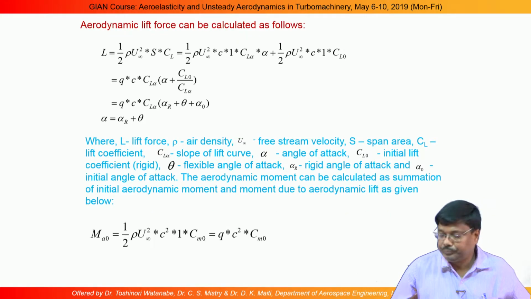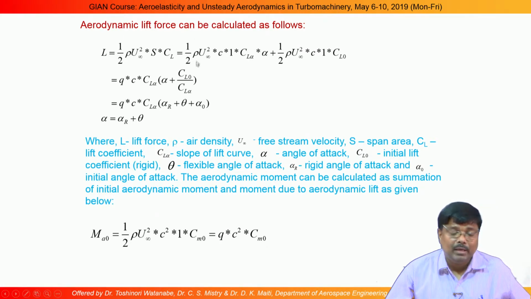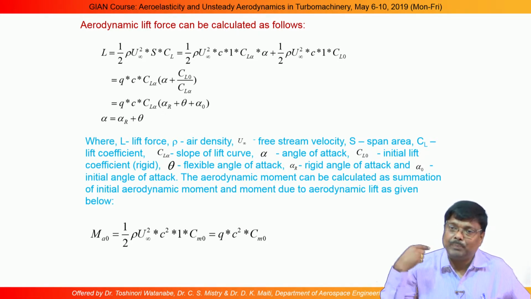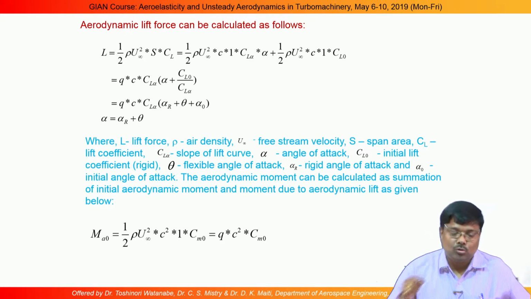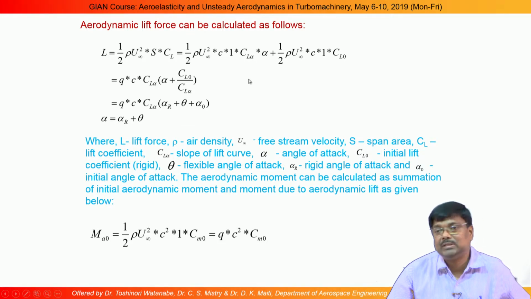So if I look at the lift force, I define S, with the chord C, and perpendicular to that is unit length. So the cross-sectional area will be C into 1, and the lift coefficient CL is nothing but CL alpha into alpha. CL alpha is the lift curve slope and alpha is the angle of attack.